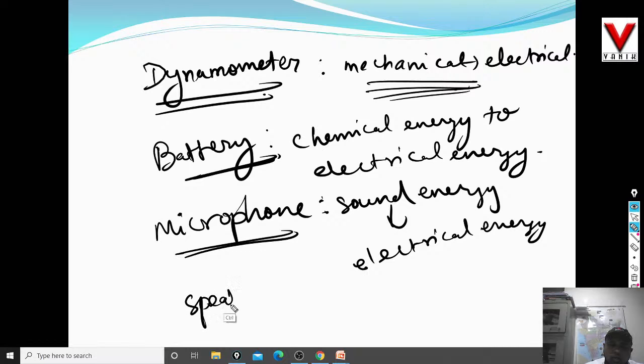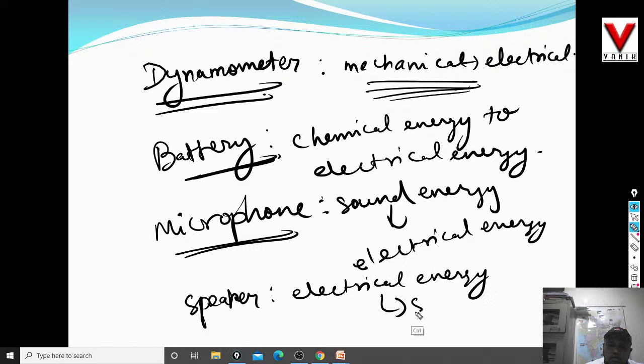In a speaker, electrical energy will get converted to sound energy. Hope this is clear to you.